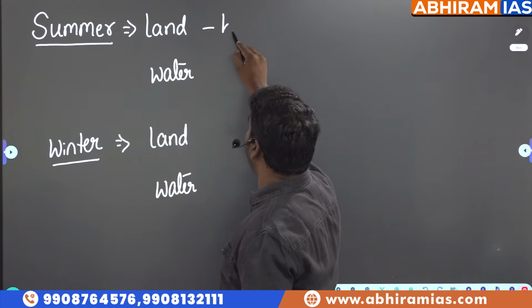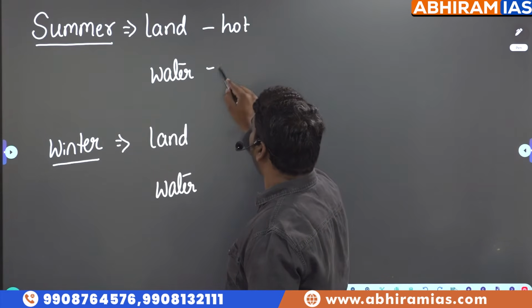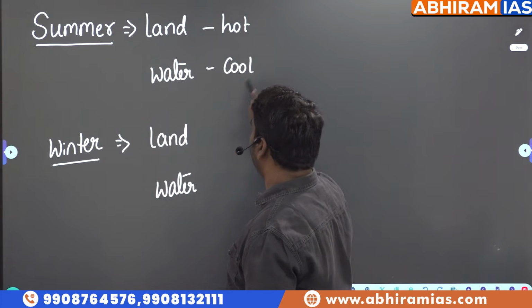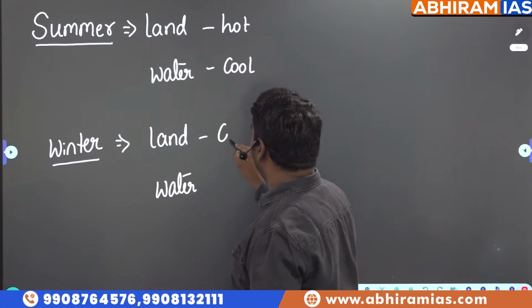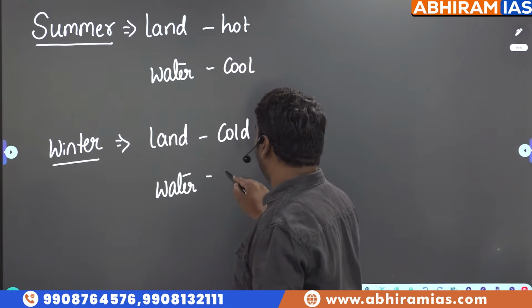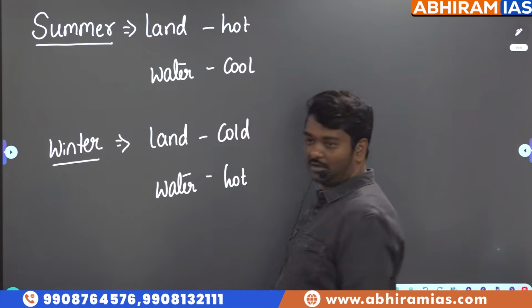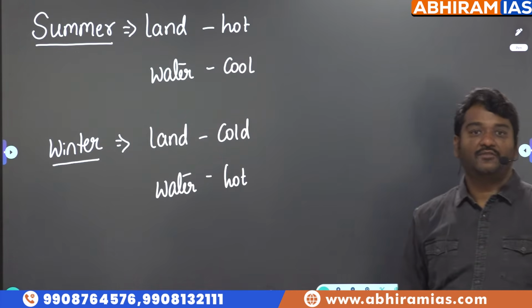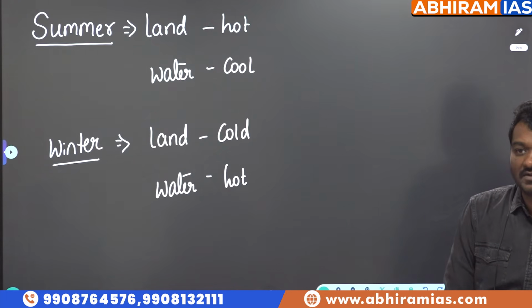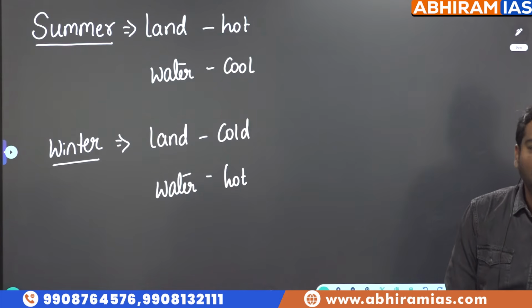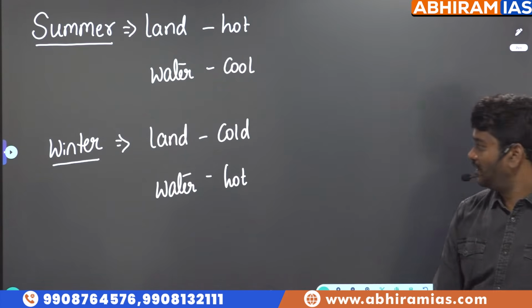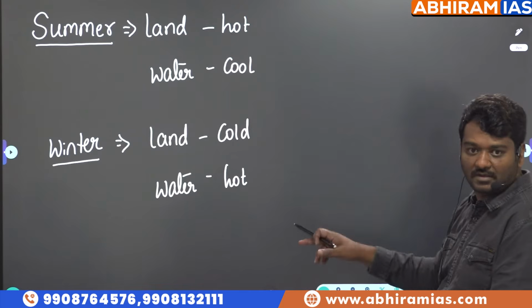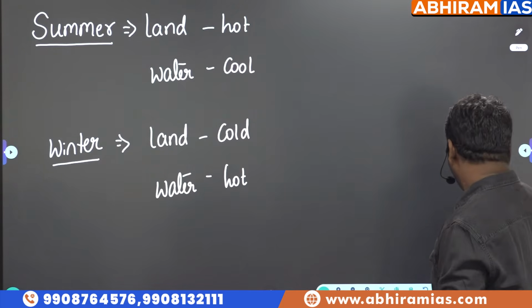Summer, land will be hot, water will be cooler. Winter, land will be cold, water will be a little hot. Okay. Based on this, they have given questions last year also with respect to isotherms. You might have heard isotherm-based questions are there, right? So, is this fine?